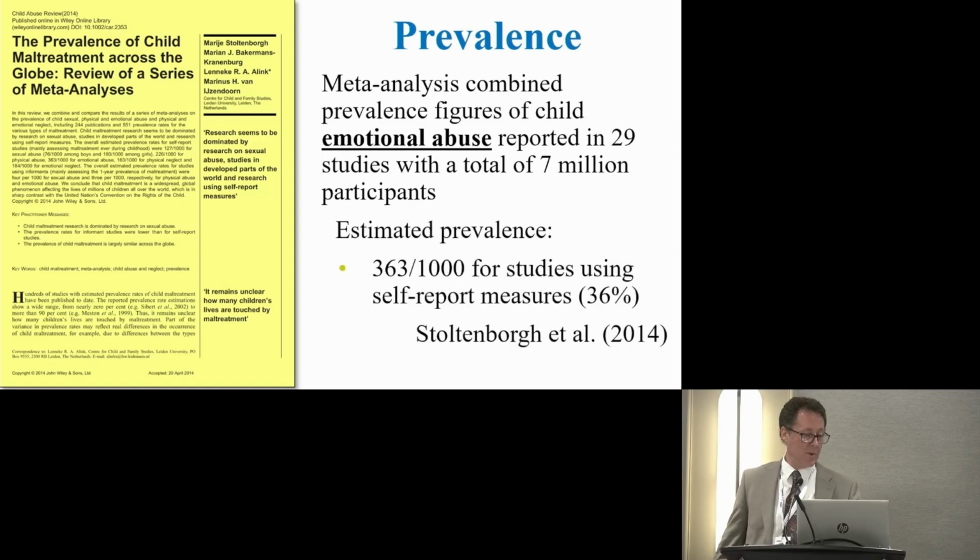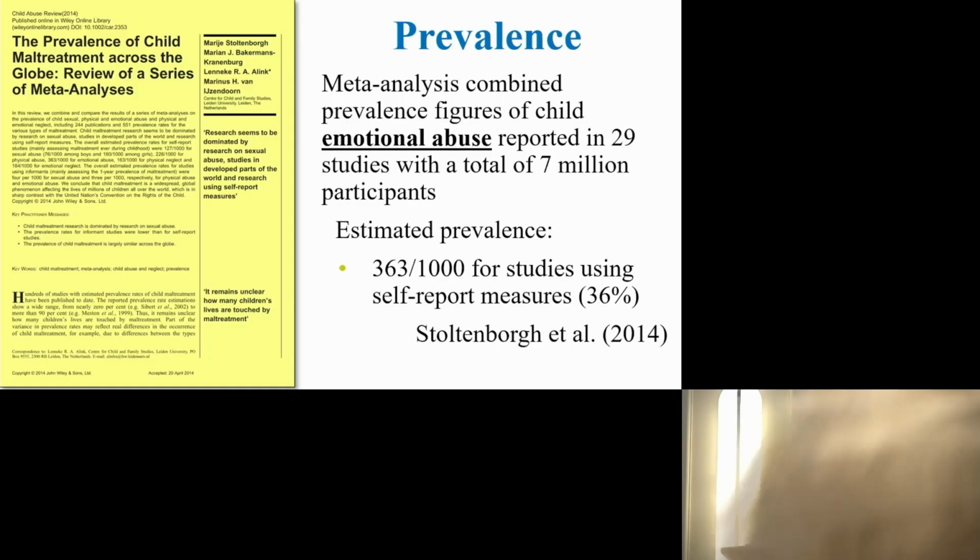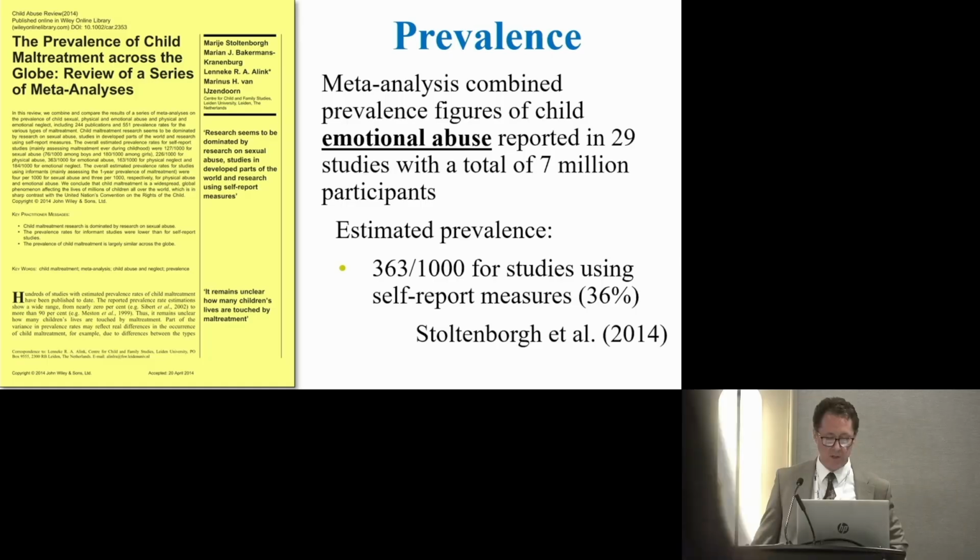Now, we know from the relevant research that that is inaccurate. A meta-analysis from Stoltenberg et al. studied 29 studies with over 7 million participants and found an estimated prevalence of emotional abuse, which includes parental alienation, of 36%.